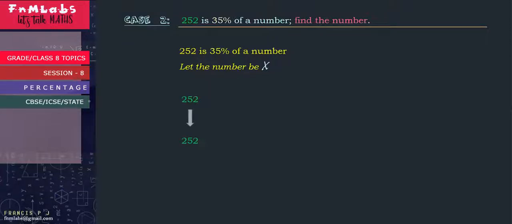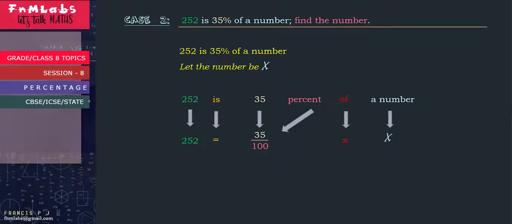So the statement 252 is 35% of a number becomes 252 equal to 35 divided by 100 into x. So keeping x only on the left hand side, the equation becomes x equal to 252 by 35 into 100, which is equal to 36 into 20, which is 720. So 252 is 35% of 720.